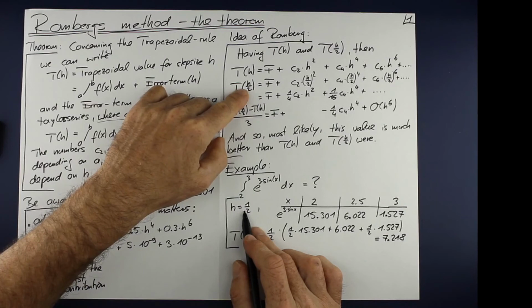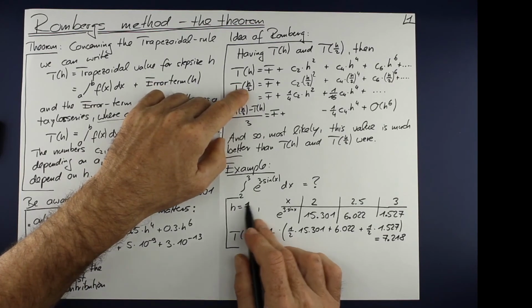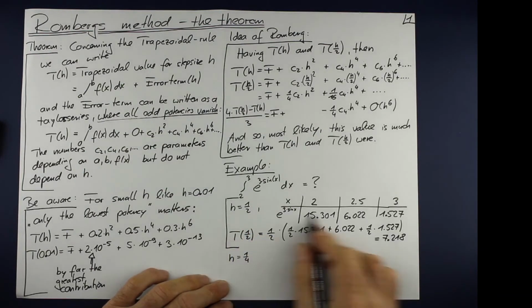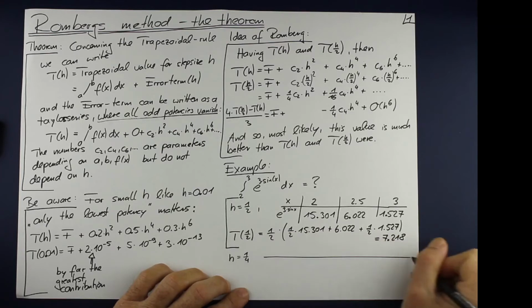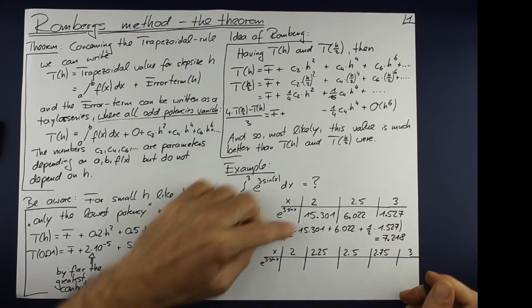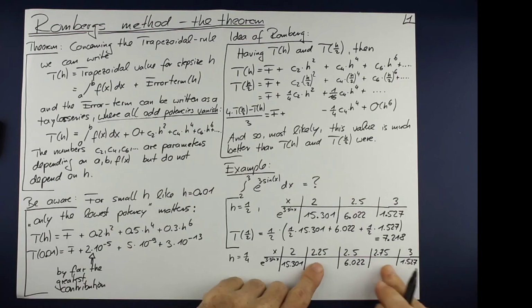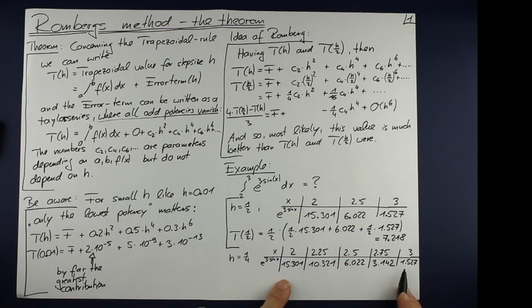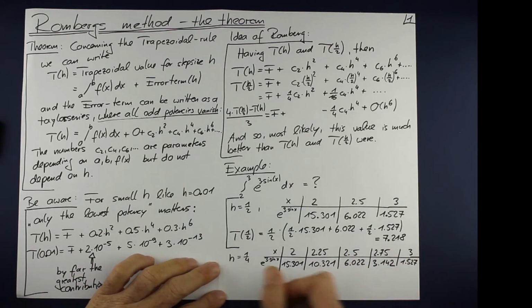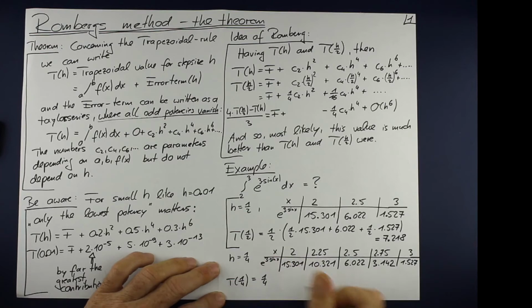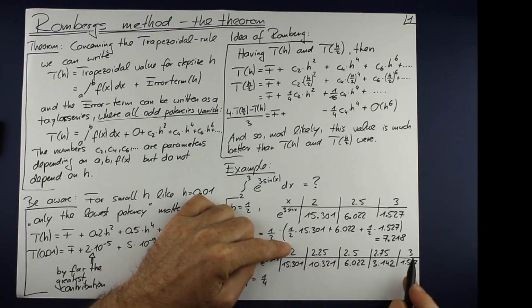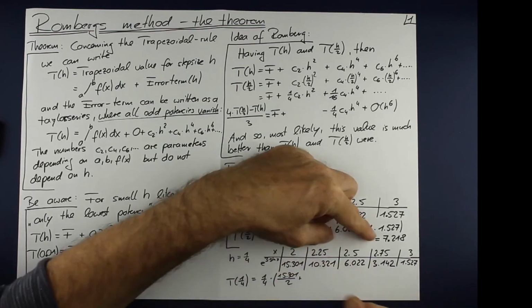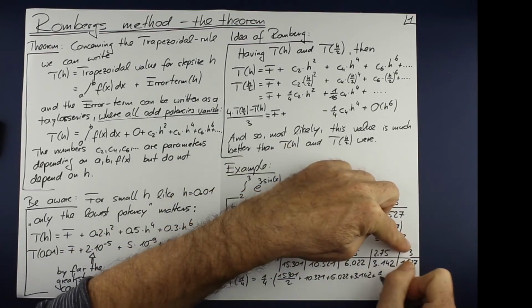And now let's find our trapezoidal value for half of that initial h, so it's a quarter. Then this tabular is a little longer. We get the values, and in between, using electronic help, we get these values. And now our trapezoidal value is a quarter, this difference here, a quarter times first value halved, plus these values, plus the last value halved.